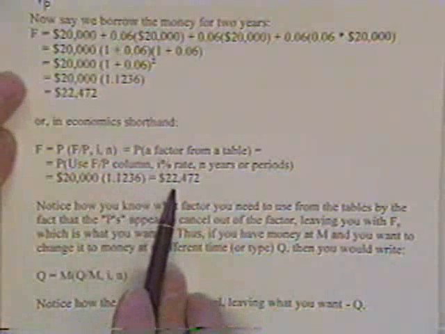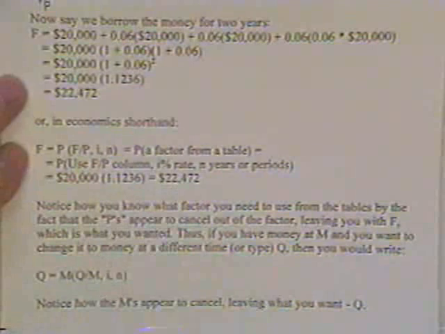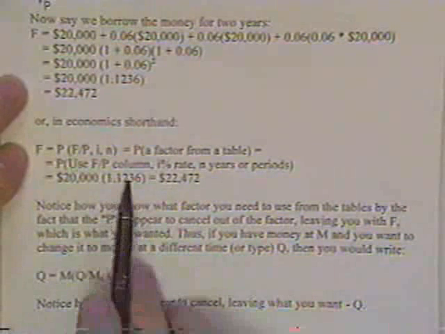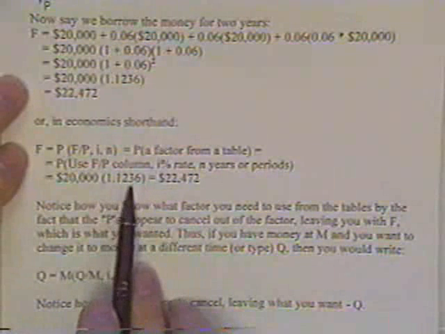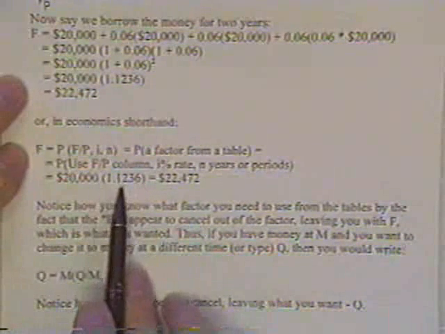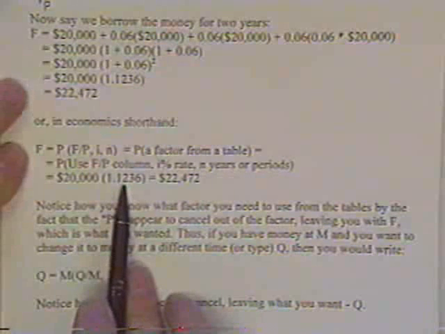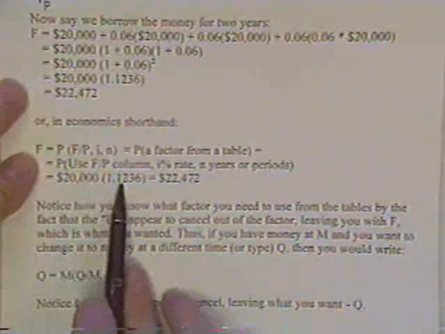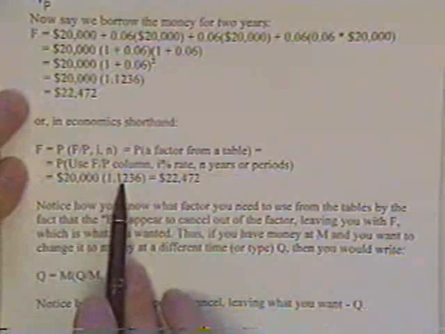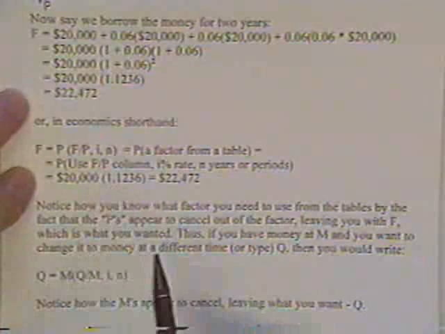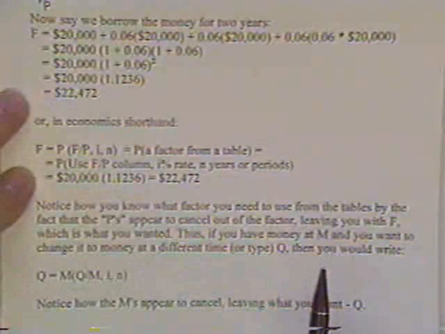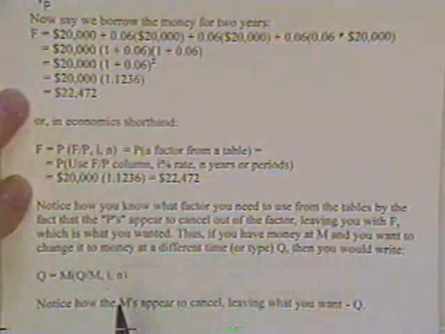It turns out you owe him $22,472 at the end of 2 years. Now these numbers are not exact. A lot of times when you check things and work with things, you'll find out the numbers don't turn out exactly. You're $1 or $2 off out of 100,000, but that's plenty close for our purposes, and to demonstrate that you know how to work these problems to the Board of Registration.